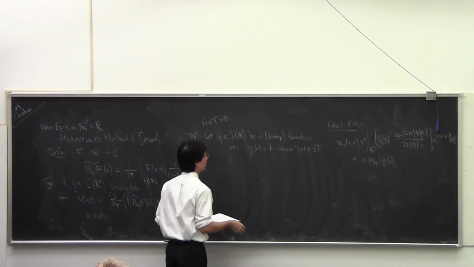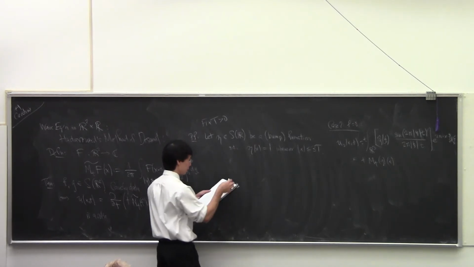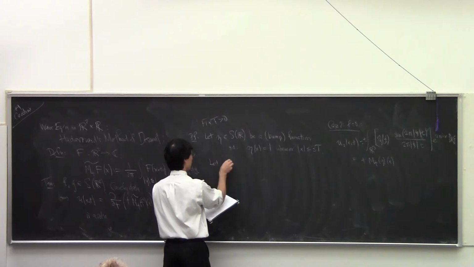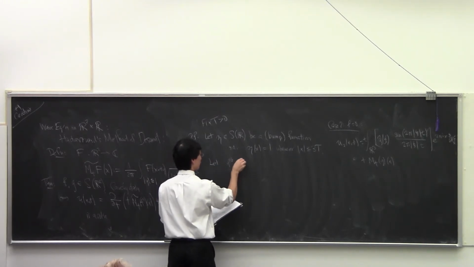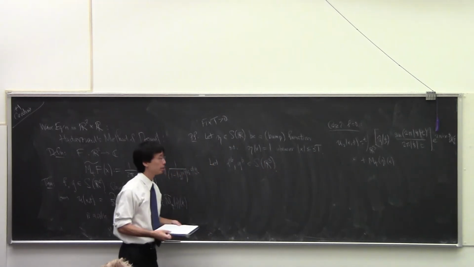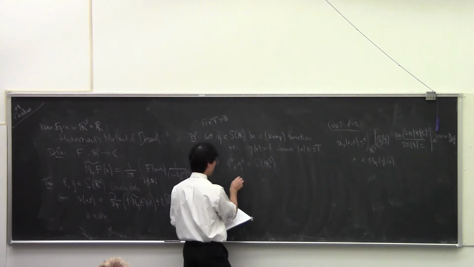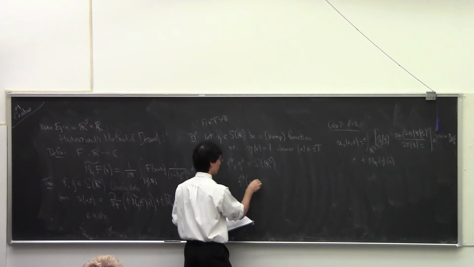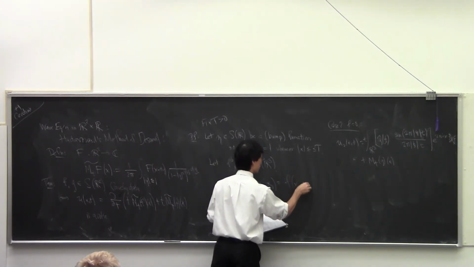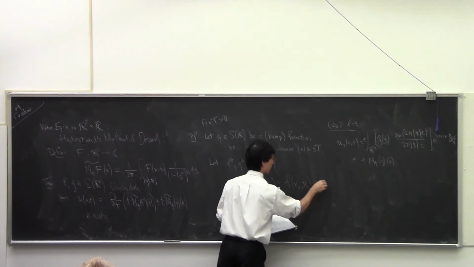We then create F flat and G flat in the Schwartz class by taking our old functions, taking the old function at x1 and x2 and multiplying by eta of x3.